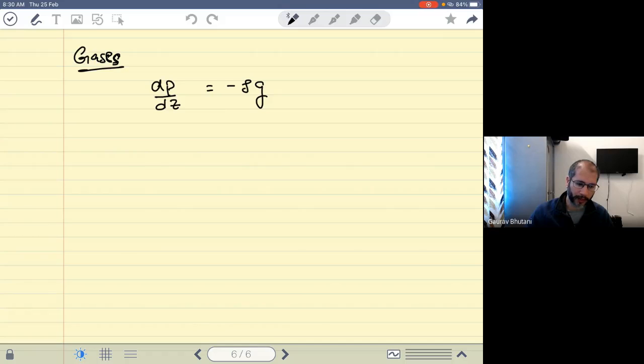But the density is not constant. So you have to use some sort of a gas law to write this density in terms of pressure. So you can write this as P upon RT. Then I can move the pressure on the left hand side. And if I do that, I'll simply write the final expression. I'll let you fill in.